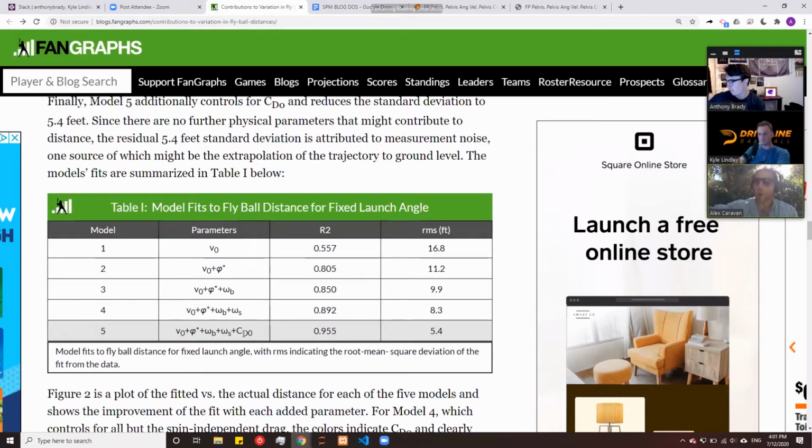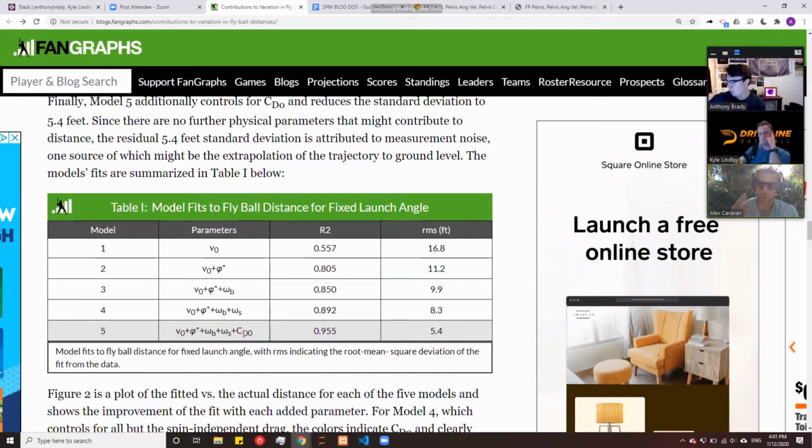Not having some wild side spin value at like 40 that led to some crazy fly ball, and then the model overfits there because it has one data point that's out there. So two big things he did to reduce overfitting are building metrics like the spin independent drag coefficient, and attempting to control everything within a specific data range.